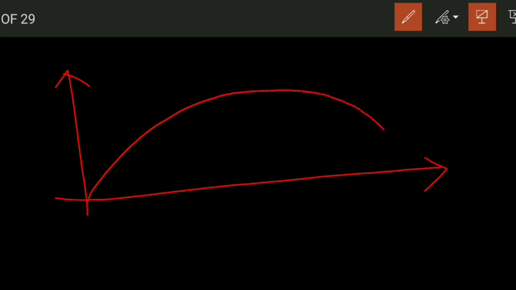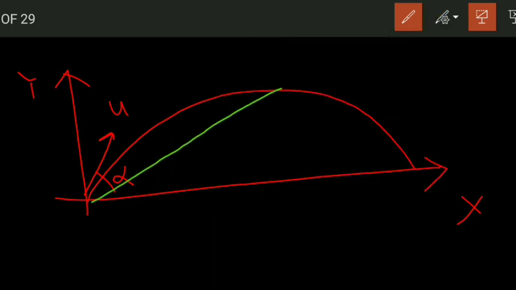I have a projectile. It is being projected with a velocity u, and angle of projection is alpha. This is x, this is y. I am drawing a triangle here.